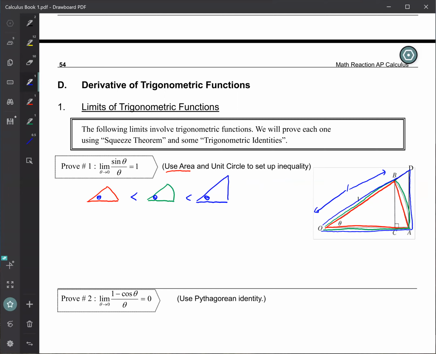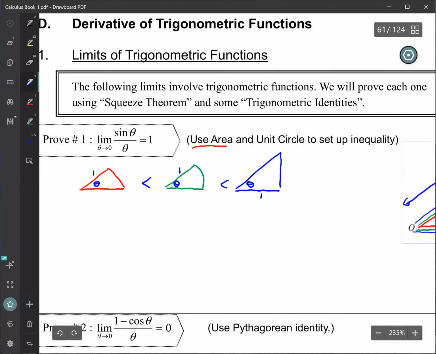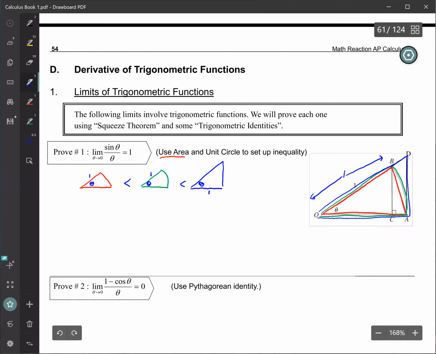So 1 will be here. Let's label that. This will be 1. This will be 1. And then for the blue triangle, the 1 is down here, if you look at the picture. Any question about the setup so far? Can you raise your hand?